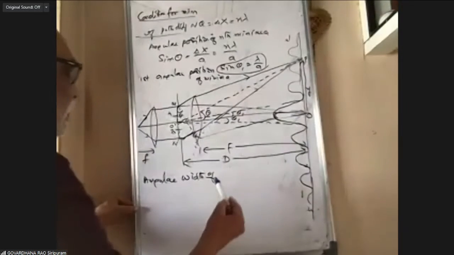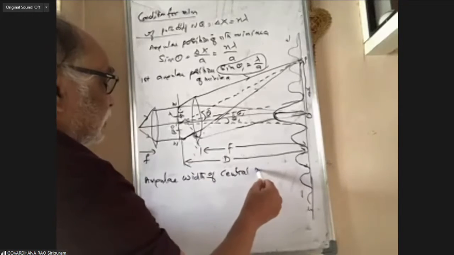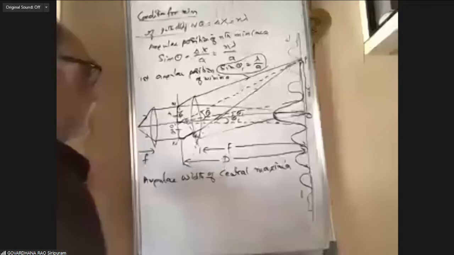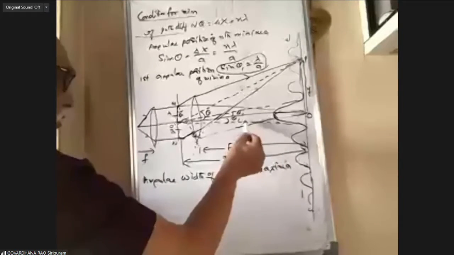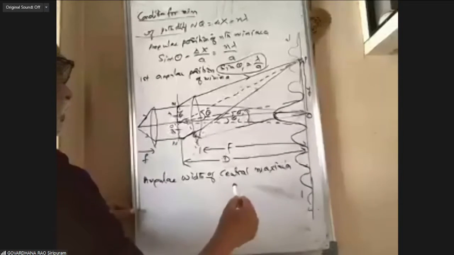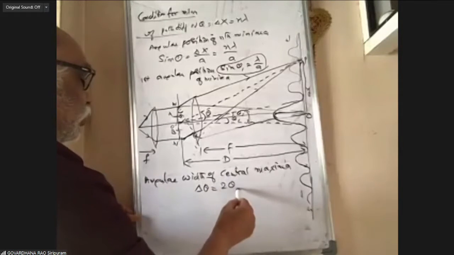Now, the angular width of central maxima. What is the angular width of central maxima? This is the angular width of central maxima, which is 2 theta 1.